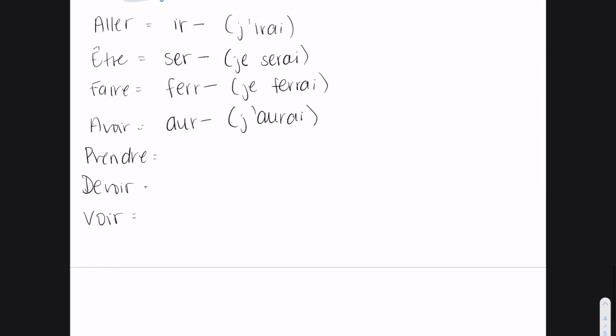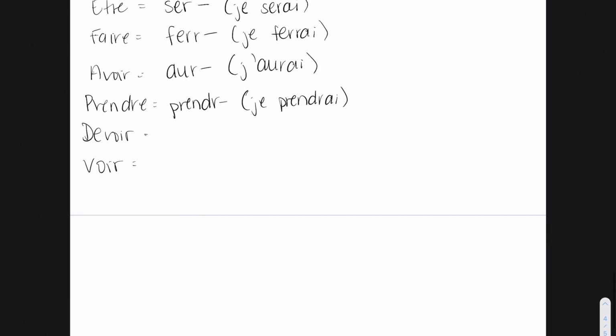Okay. Prendre keeps its same root, but again, you have to just take off the E at the end there. So prendra, prendrai, prendront, those are the same verbs there. So I can use je prendrai again. I will take a test tomorrow. Je prendrai un quiz demain.